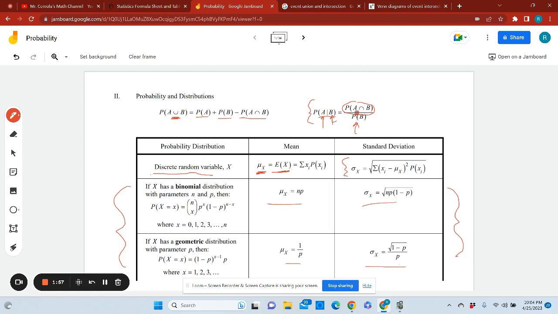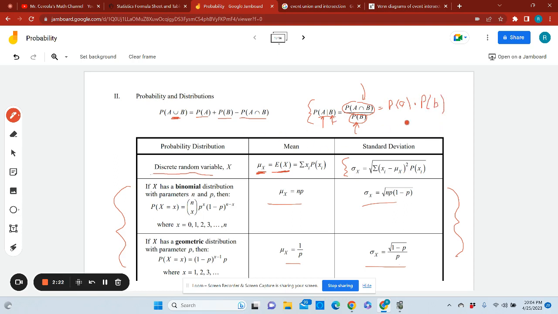So that's given all the times that B is going to occur, what's the probability that A and B will occur together? Okay, and assuming two events are independent in the numerator here, the probability that A and B happen would be equal to the probability of A times the probability of B.